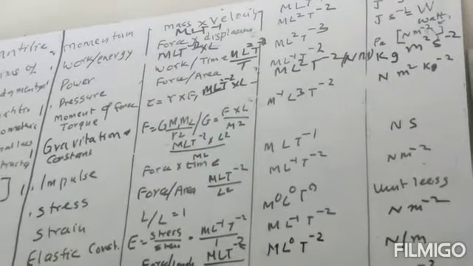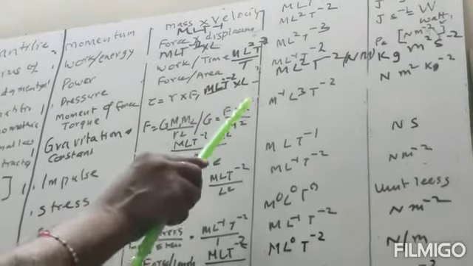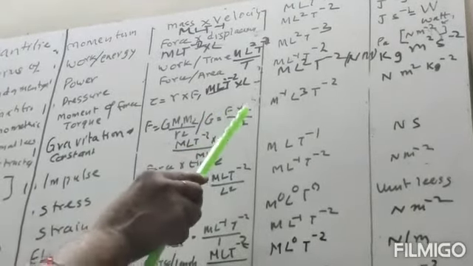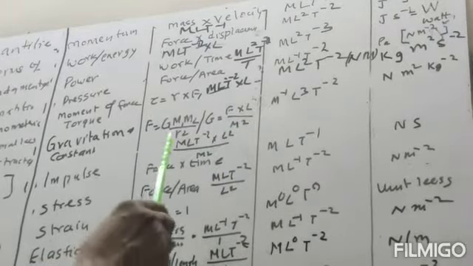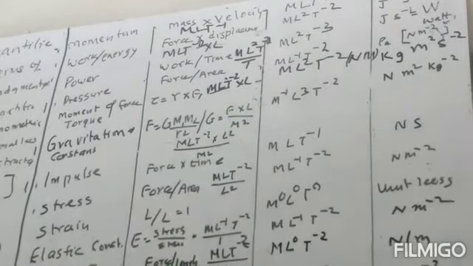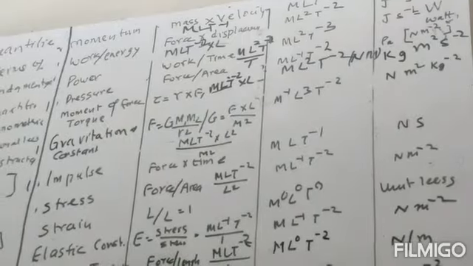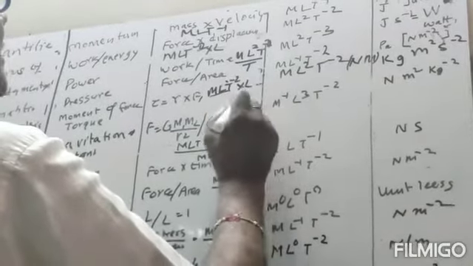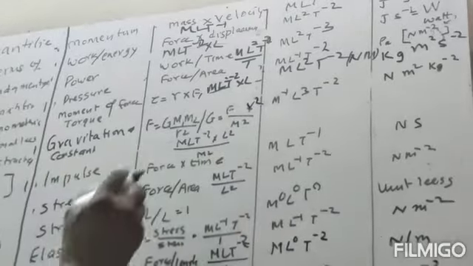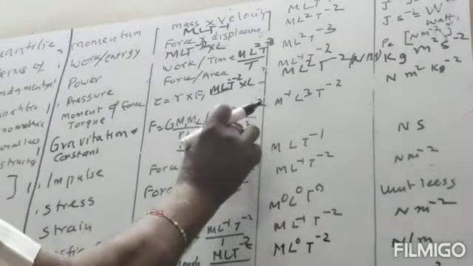Now we substitute the value of dimension of force. Force is MLT^-2 into length square, r square. So L square divided by m square.